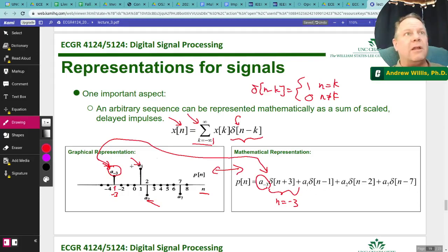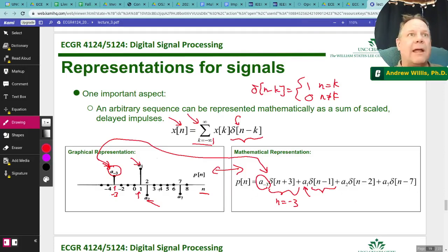Here's a term a1 that occurs at n equal to 1. So I take a1 and I make it only occur at time index 1. I can do that by multiplying a1 by this delta of n minus 1. That's going to restrict the value of a1 to only occur at index n equals 1.